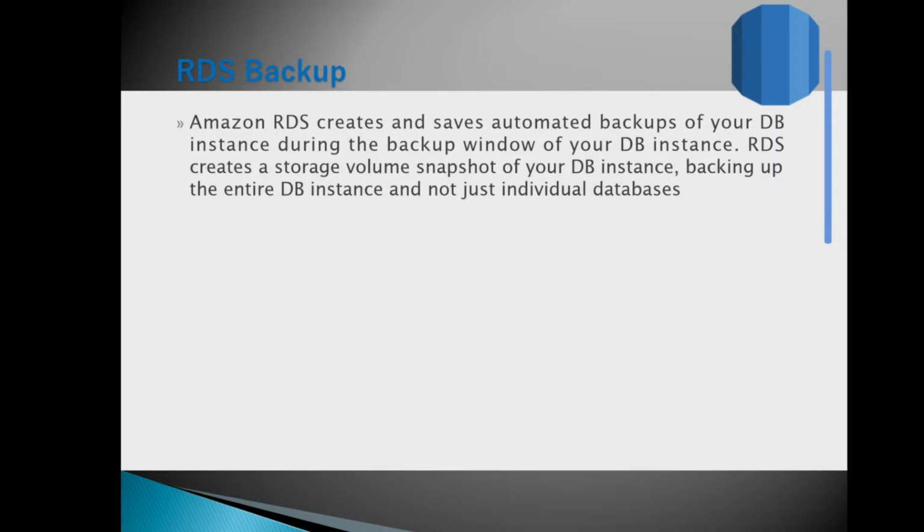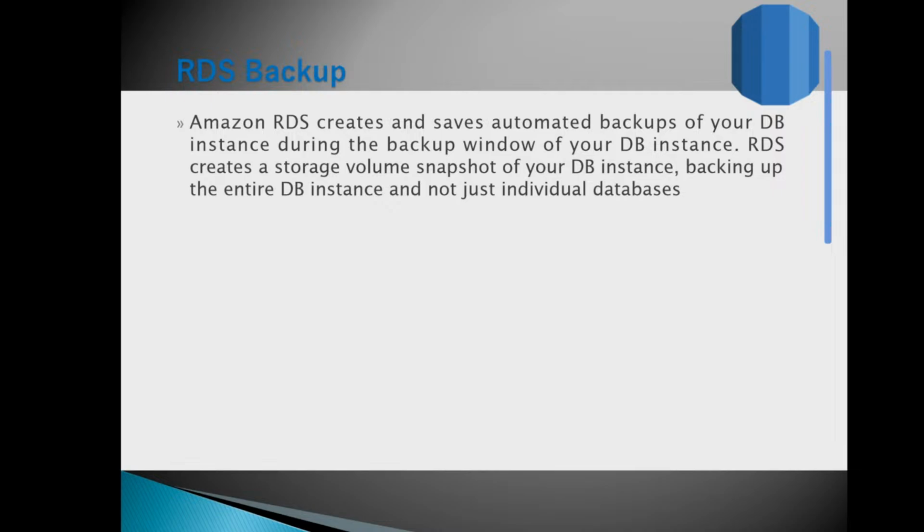RDS creates a storage volume snapshot of your DB, backing up the entire DB instance and not just your individual database. So complete data, whatever the data is stored in your database or on your instance, will be backed up.